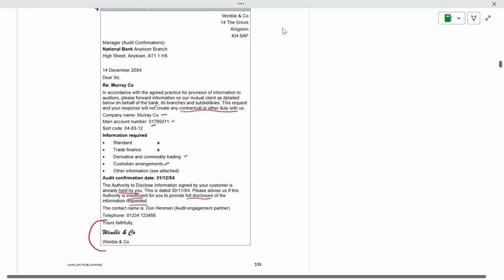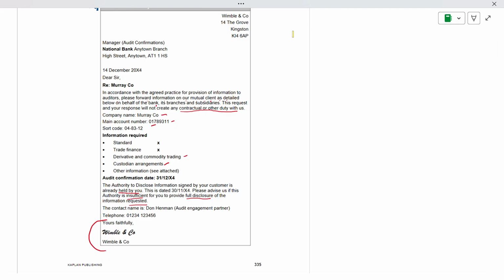In accordance with the agreed practice for provision of information to the auditors, keep it in mind, this is very important, please forward on our mutual client, as for the bank as well as for the audit firm, as detailed below on behalf of the bank, its branches and subsidiaries.